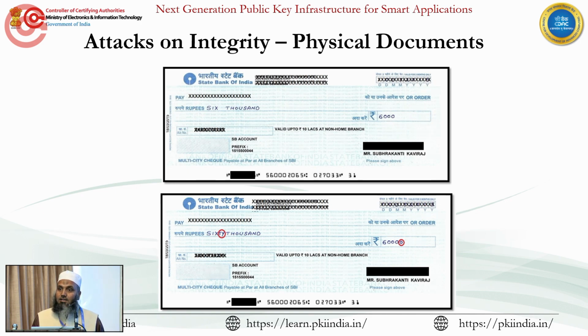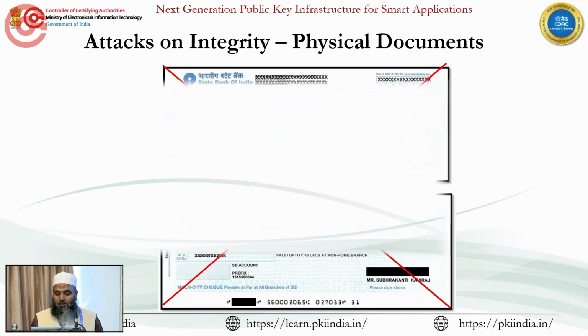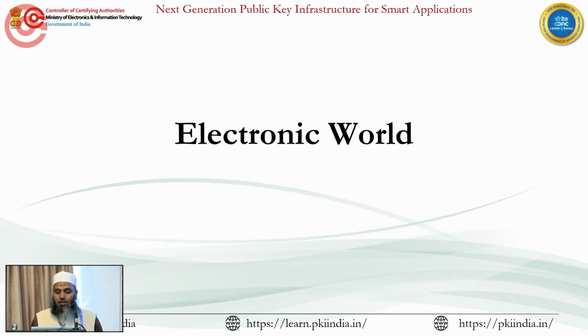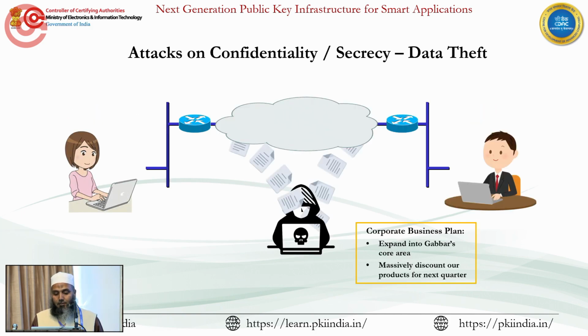This is a clear case of breach of integrity in a physical document. As I said, with physical documents and hand signatures, content and signature are independent of each other, whereas in digital signature technology, the signature is dependent on the content. I'll go directly to that part.